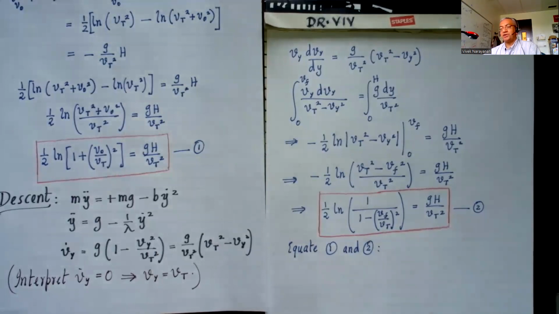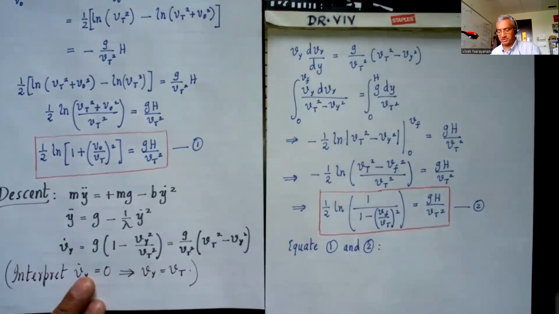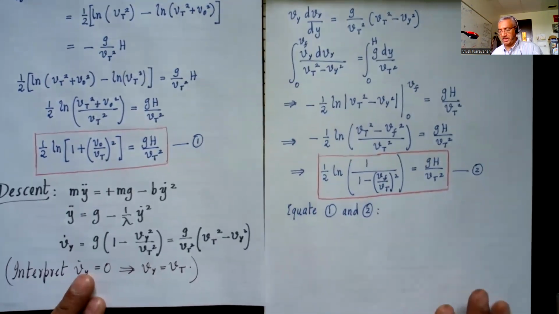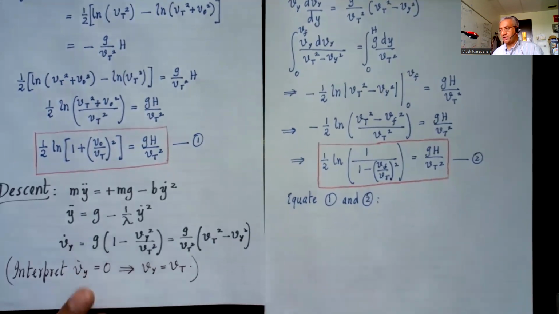Hopefully, when we equate 1 and 2, we'll find out the relationship between v naught and vf, which is really what the first part of the problem is about. It is to show that vf is less than v naught. So let's proceed to equate them.